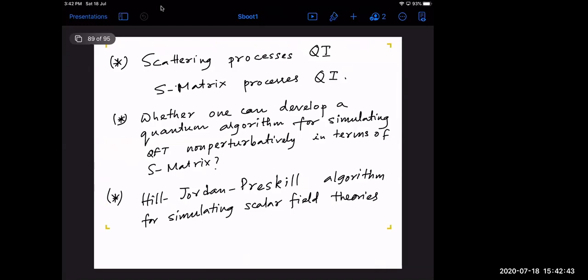They put this phi-4 on a lattice and then try to simulate it.